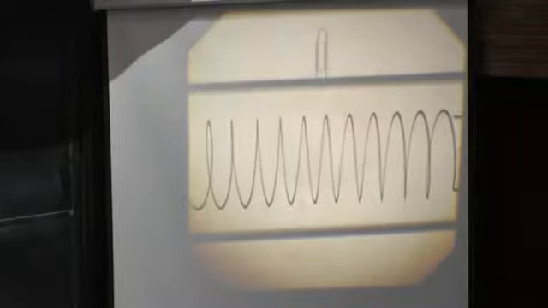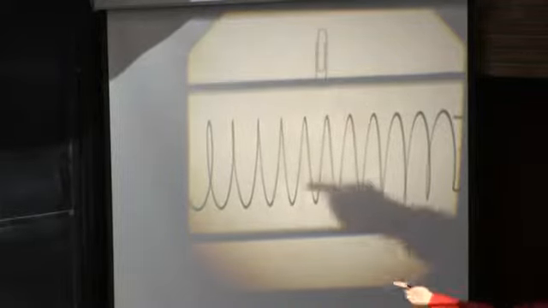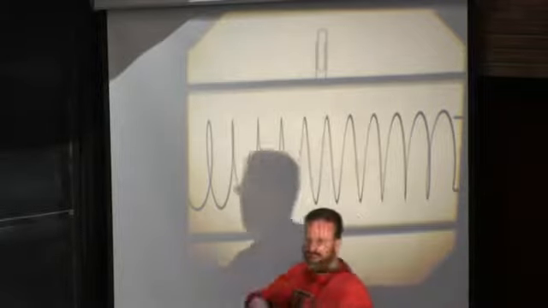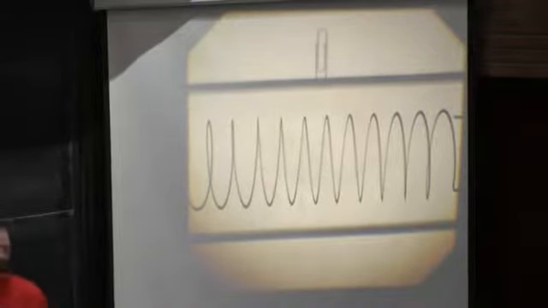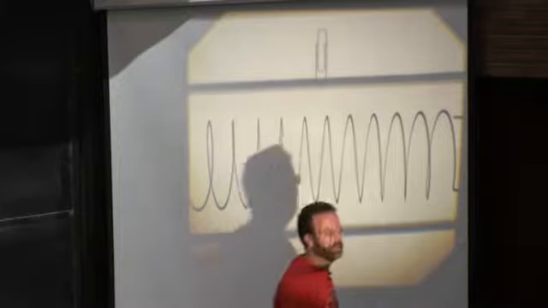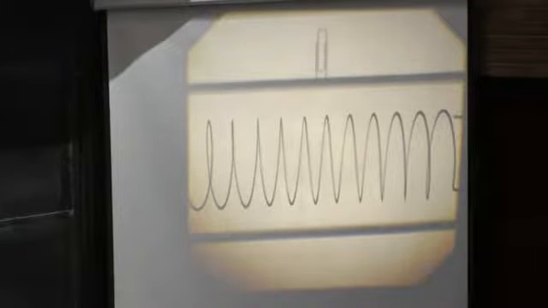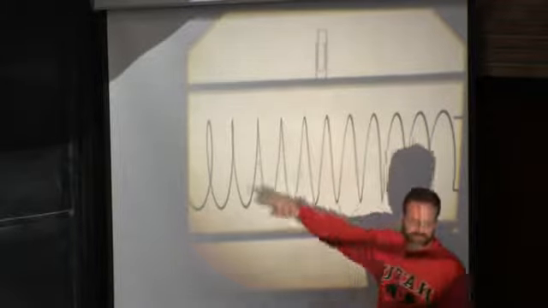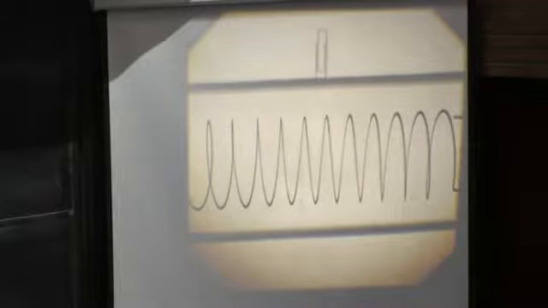I haven't changed what of those three terms? By me rotating faster, which one of these has not changed? Good. Wavelength. They're still spaced the same. That doesn't change whether I spin it fast or slow. But if I go faster, what increases? Yeah, the velocity, it's clearly moving faster.